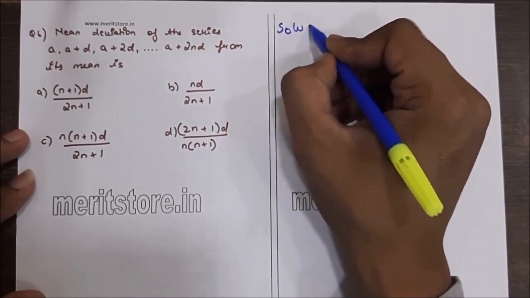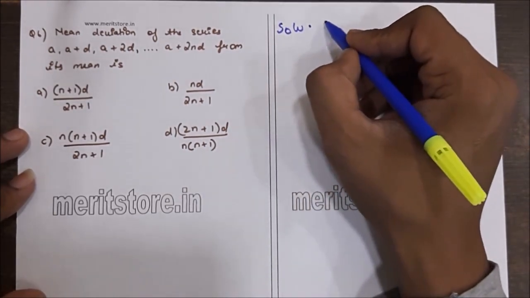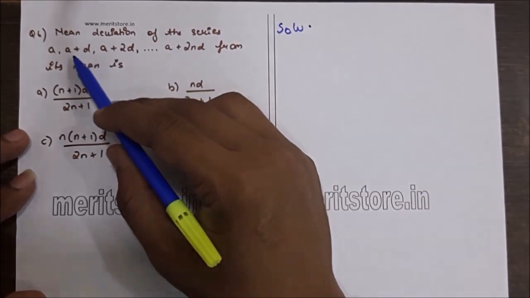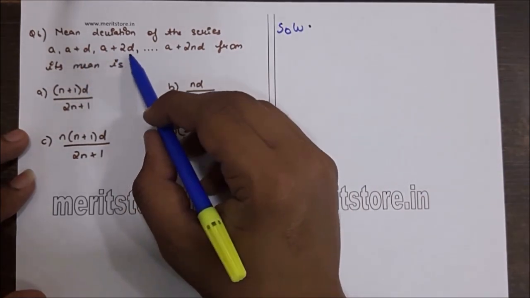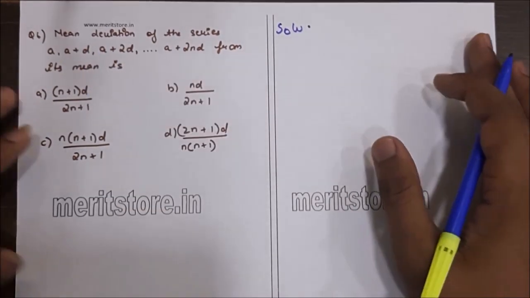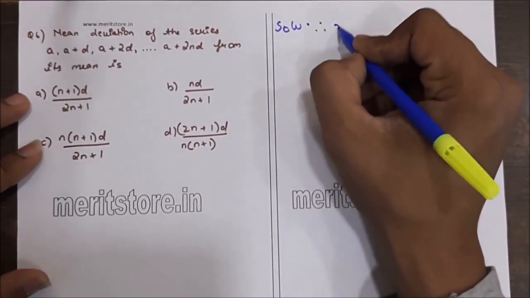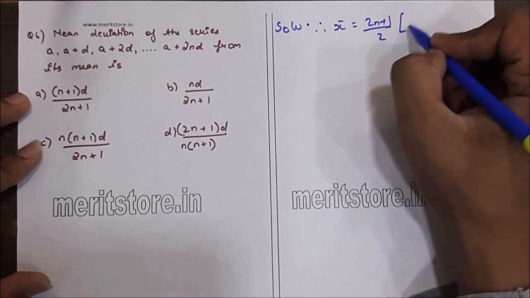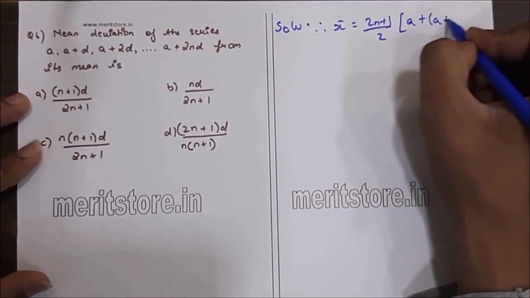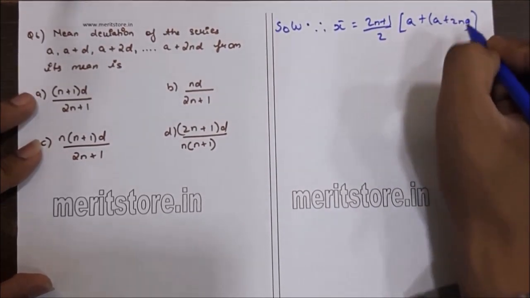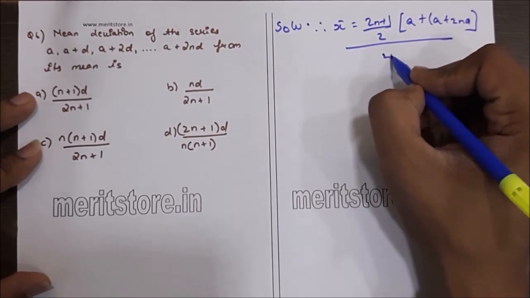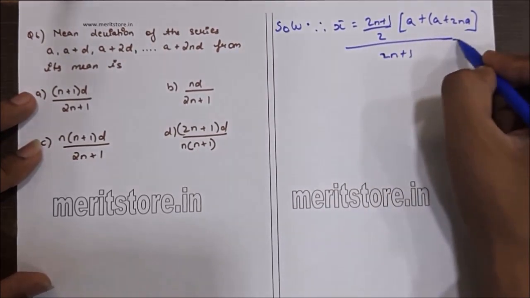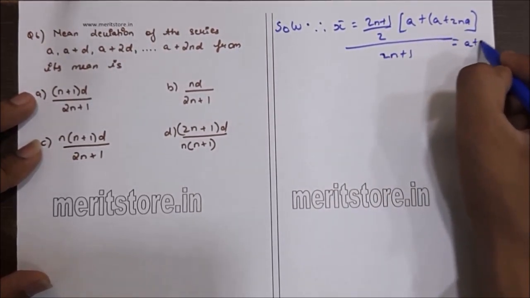Therefore the solution is, as we know, the series is a, a plus d, a plus 2d. Therefore x bar is equal to 2n plus 1 by 2 upon... a plus 2nd upon 2n plus 1, that is equal to a plus nd.